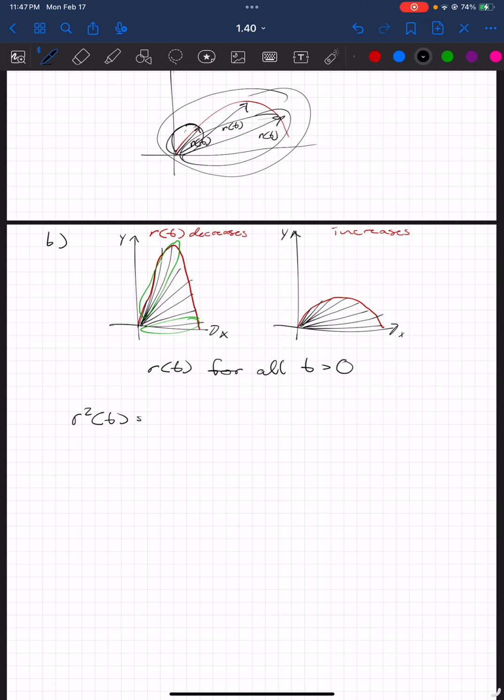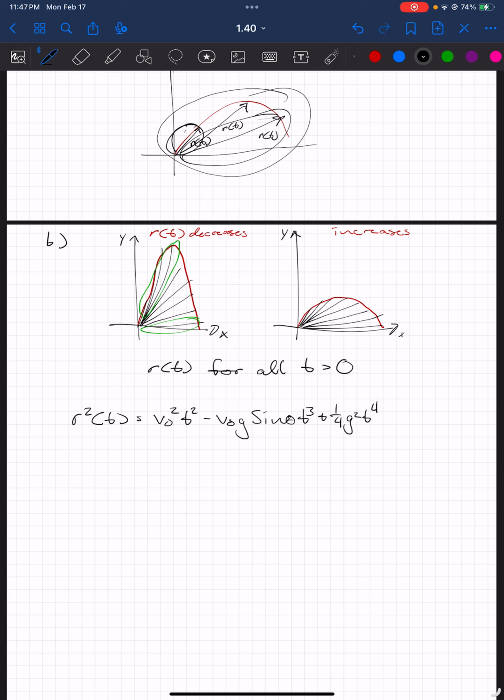I'll write this out one more time. We have r squared of t is equal to v naught squared times t squared minus v naught g sine theta t cubed plus 1/4 g squared t to the 4th.